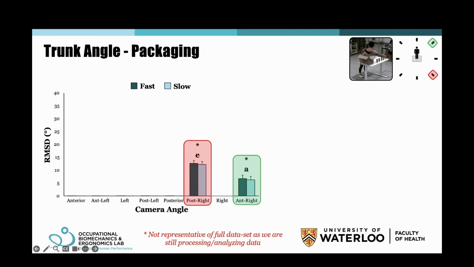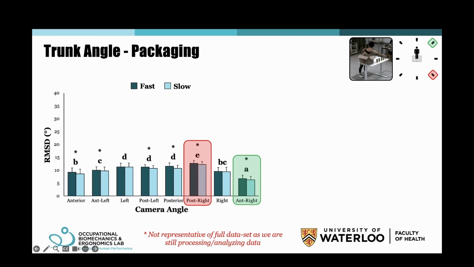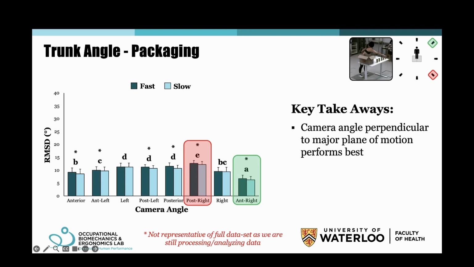We don't see the flexion extension axis very well in that plane, so we have the greatest differences there. And then all the other camera angles come into play here. So again, key takeaway: camera angle perpendicular to the major plane of motion performs best.